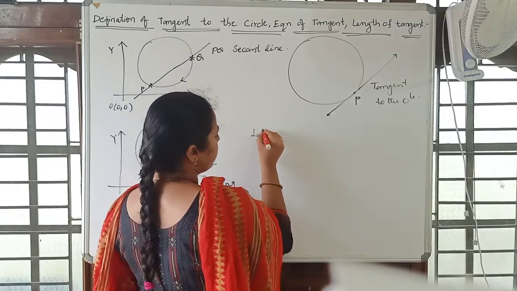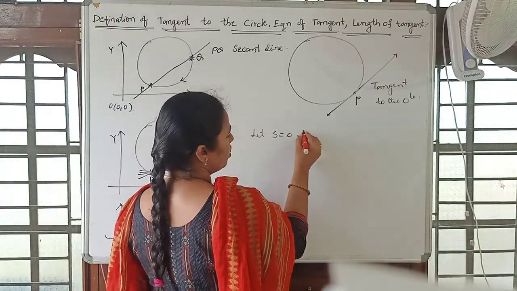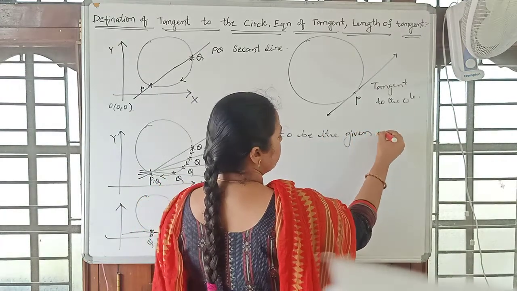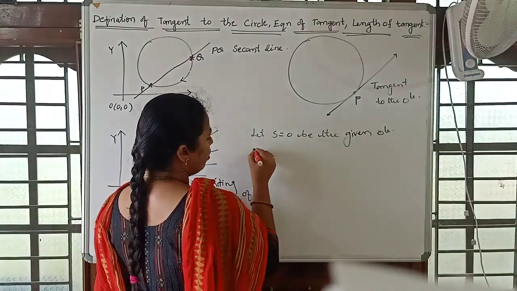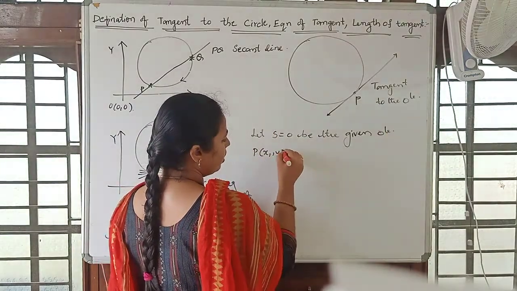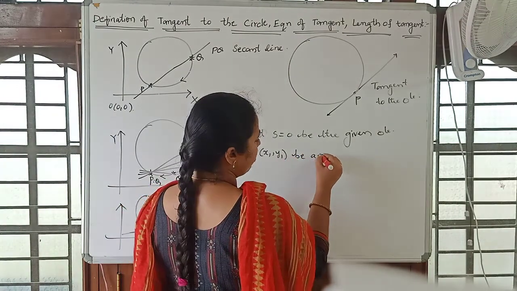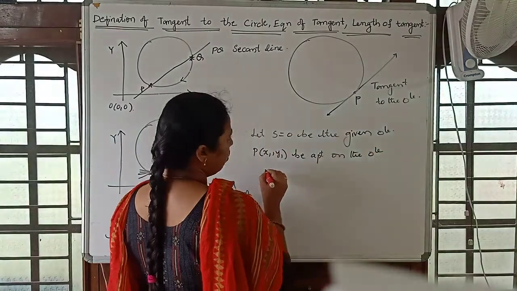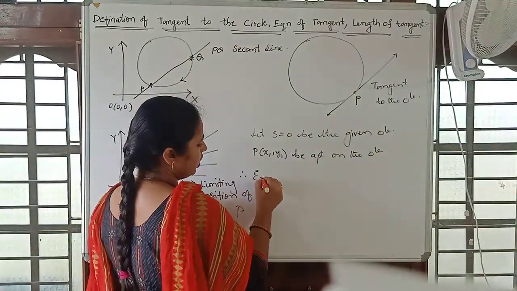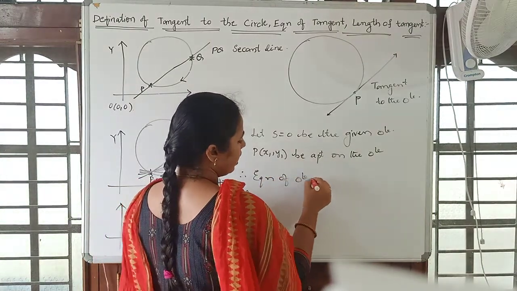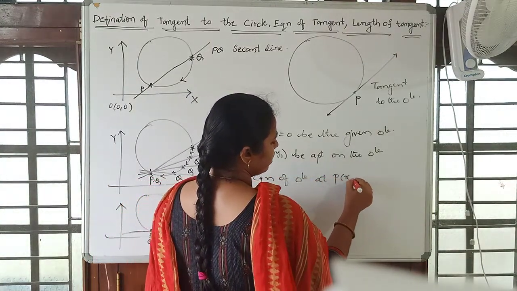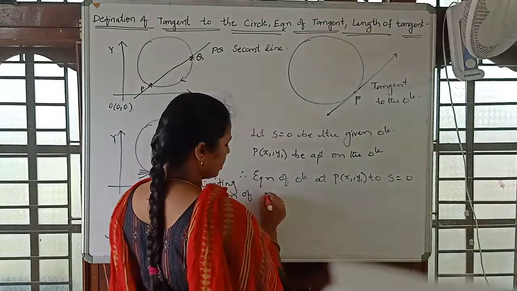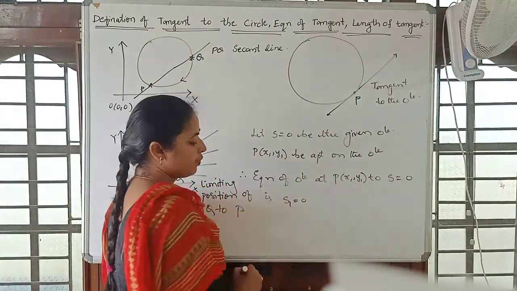Here let S equal to 0 be the given circle, and P of x1 comma y1 be a point on the circle. Now the equation of the tangent at P of x1 comma y1 to the circle S equal to 0 is S1 equal to 0.